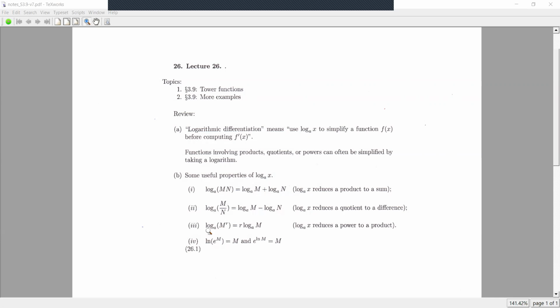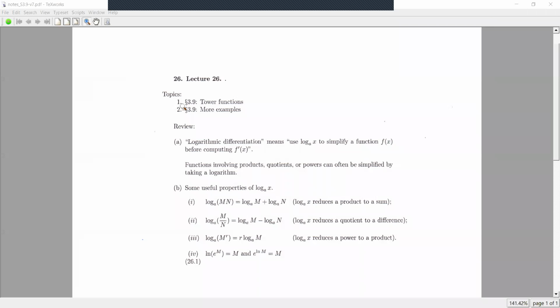Number three, log reduces a power to a product, the power times log. Number four, natural log of e to the m is m. e to the natural log of m is m. In these two formulas, natural log and e cancel each other.